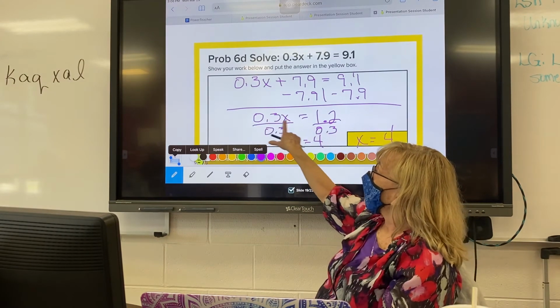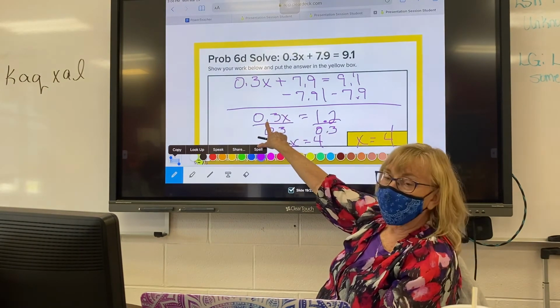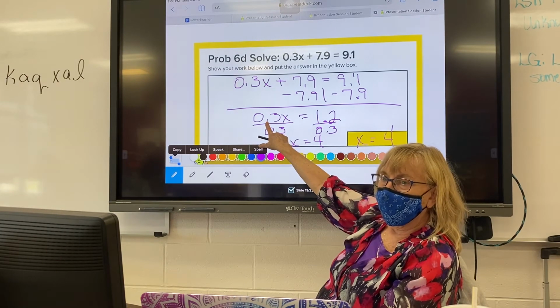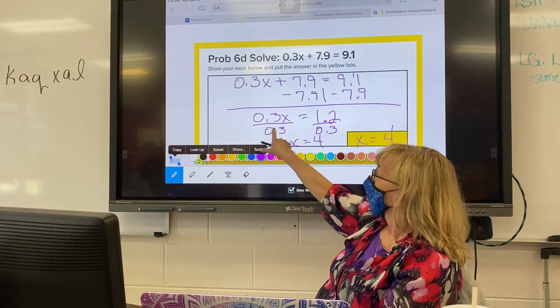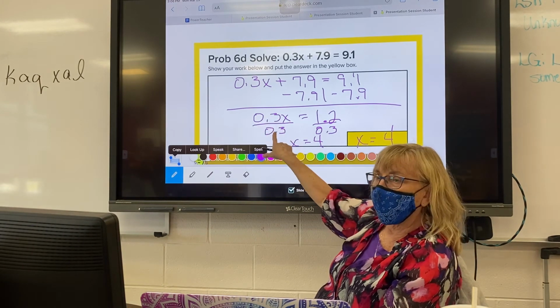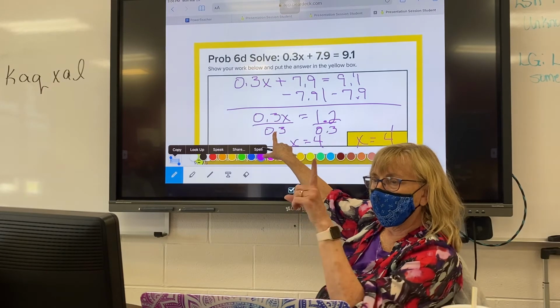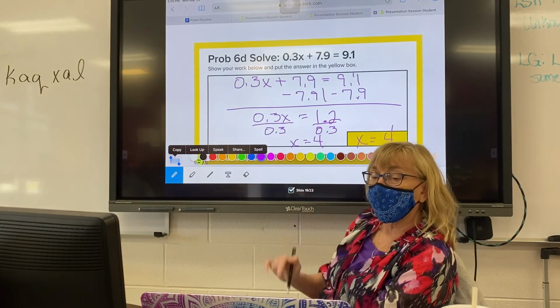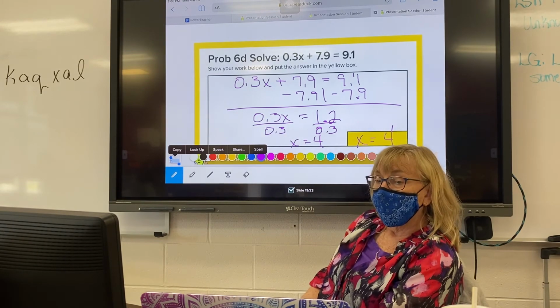Okay, so these two are connected by multiplication. So to undo multiplication, I use division. So I'm going to divide it by 0.3, because 0.3 divided by 0.3 is 1. And that's my goal, is to get one positive x. Okay?